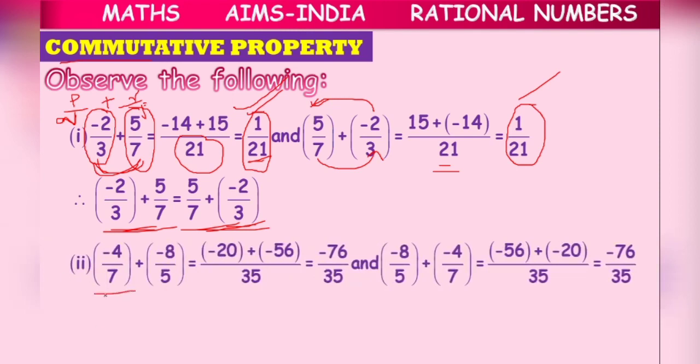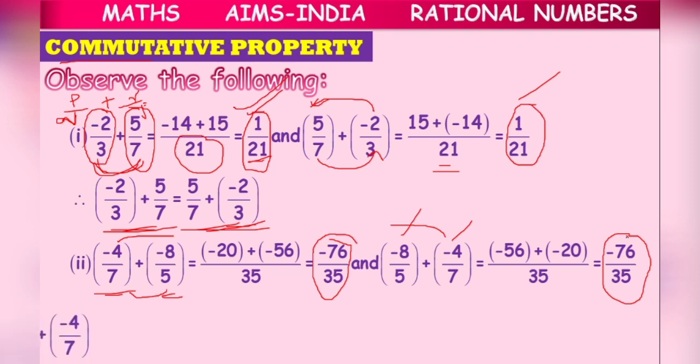Minus 4 by 7, minus 8 by 5. We have added. We got the result minus 76 by 35. If minus 4 by 7 goes here and the other comes first, second one first, first one second, at that time also we are getting the result minus 76 by 35.